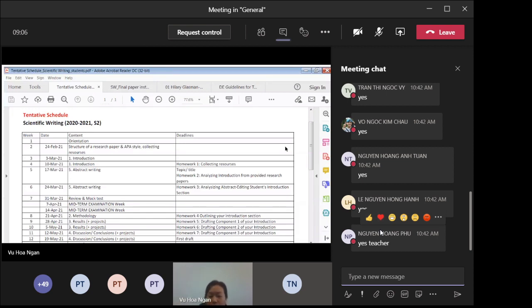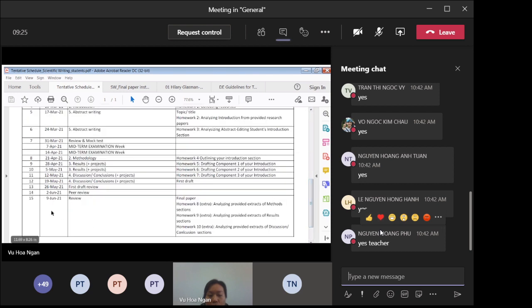But this is the schedule that I will go over, so you would know what to expect in the next class or sessions. Now, if you scroll down a bit, you will see that in week 15 you will have the final paper.